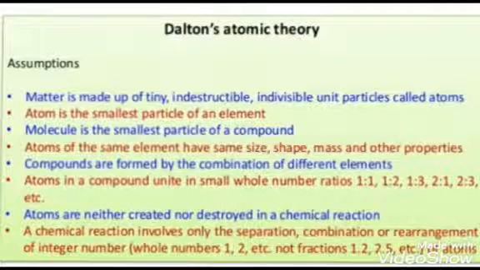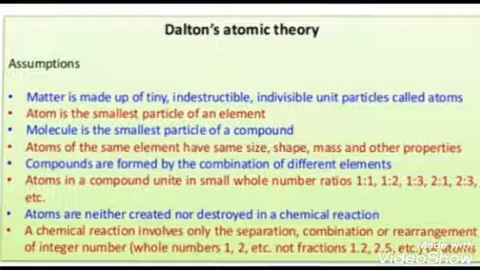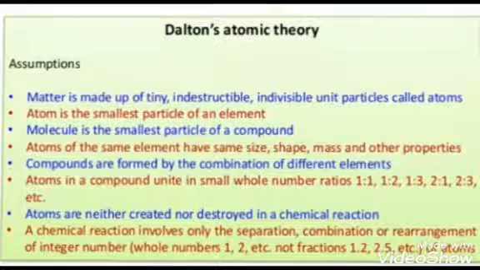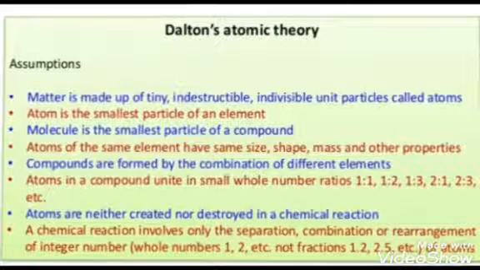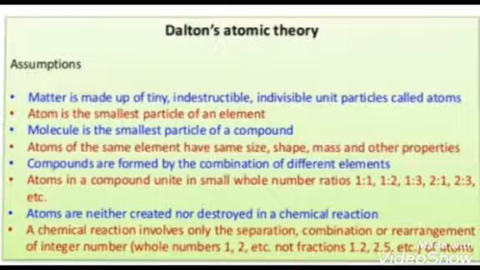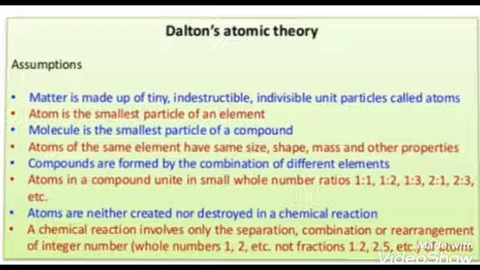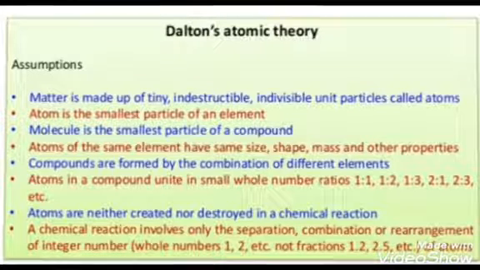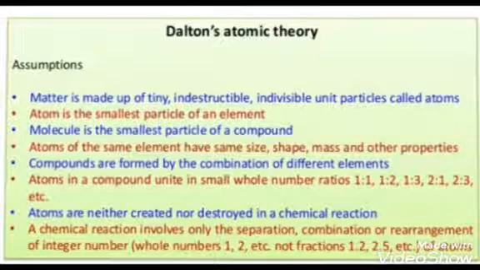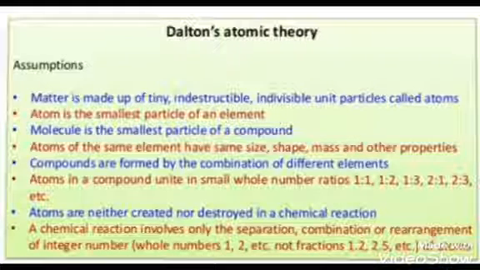Atoms of the same element have same size, shape, mass, and other properties. Compounds are formed by the combination of different elements. Atoms of a compound unite in small whole number ratios like 1:1, 1:2, and so on.